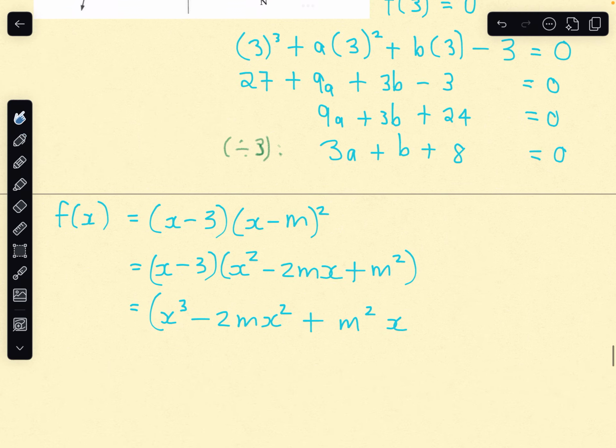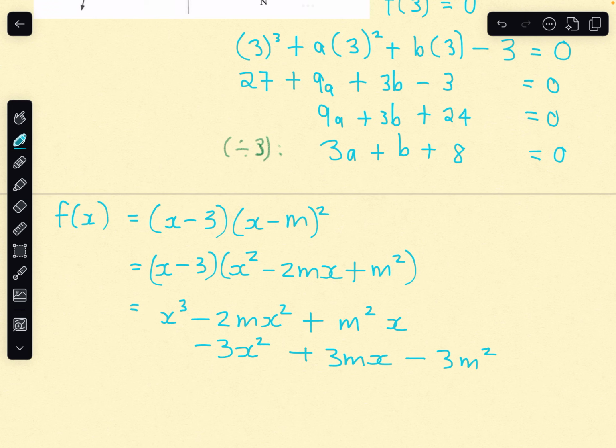And then if I times everything by minus 3, I get minus 3x squared minus 3mx... not minus, in fact this is meant to be a plus, and this will be a minus 3m squared.